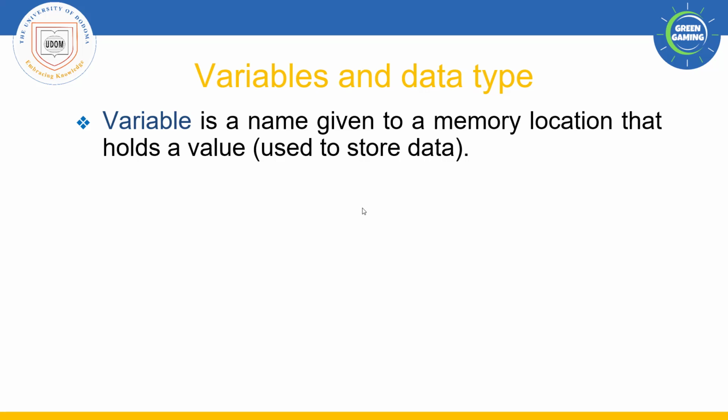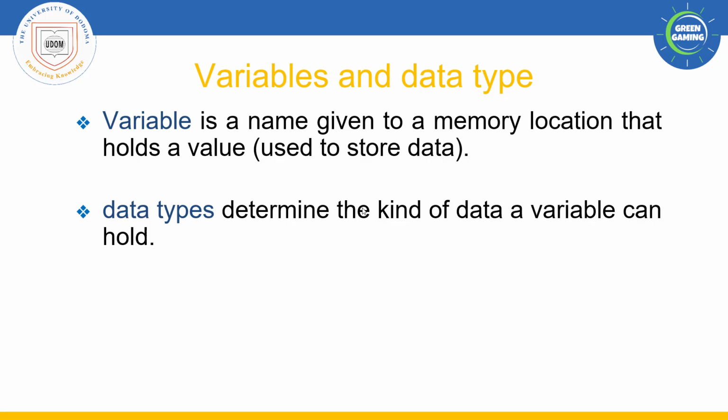So those data need to be stored in some memory location. They can't just be stored in those areas; they need to be given a specific name, so that when we need to use that data, we can just call it by its name. So that is what a variable is.